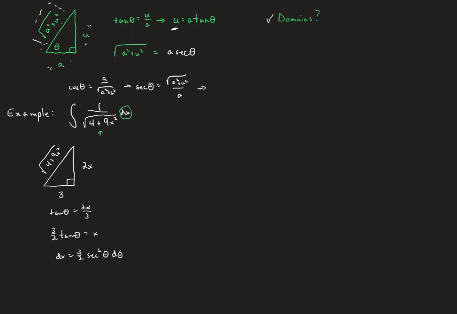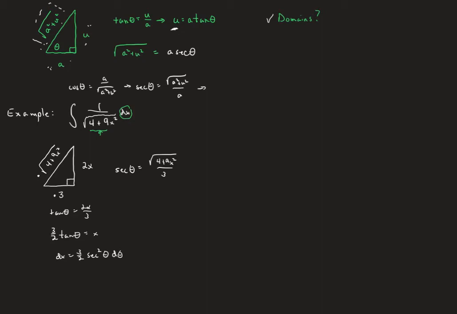Now we have to get an expression for this radical here. So looking at our triangle, we want to get a trig function that pairs our radical with the constant. So the 3 is the adjacent side, so a cosine would be adjacent over the radical. So a secant is going to give us what we want. That's going to be the radical over the constant.